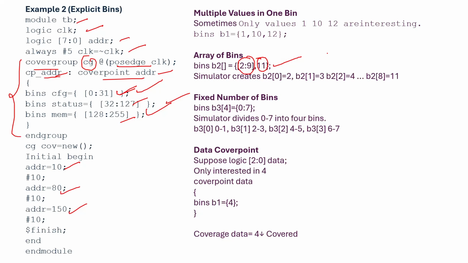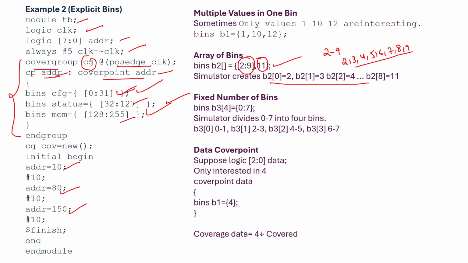What is the range of values in a bin? 2 to 9 means 2, 3, 4, 5, 6, 7, 8, 9, so many values in this one bin.